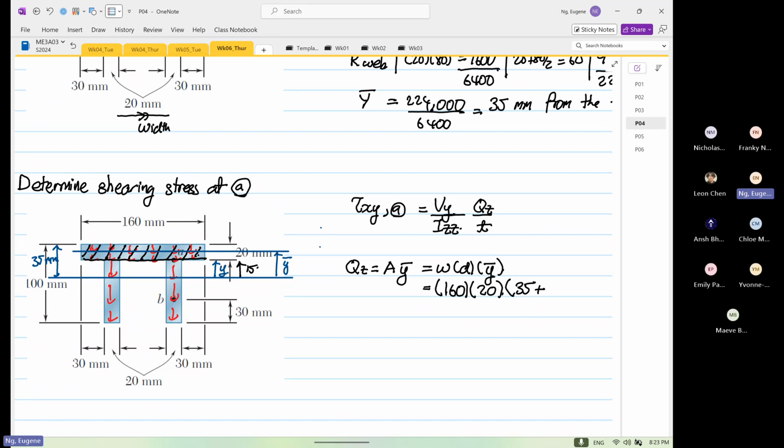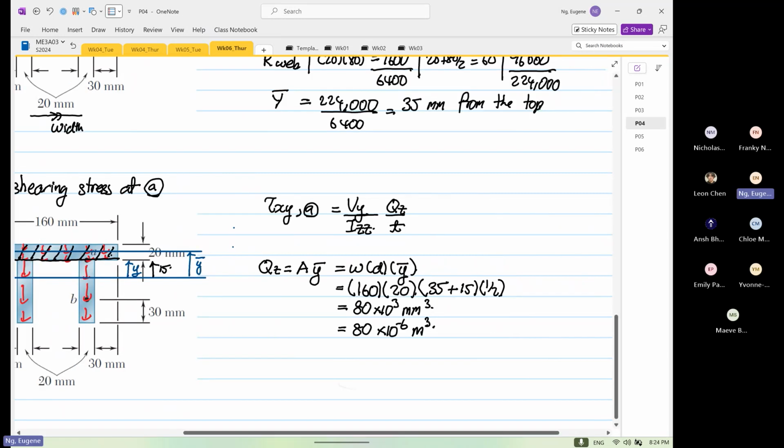So 35 plus 15 multiplied by half. So this will be equal to (35 plus 15) divided by 2, times 160 times 20. So it's equal to 80 times 10 to the power 3 millimeter cube, and this can be equal to 80 times 10 to the power minus 6 meter cube.